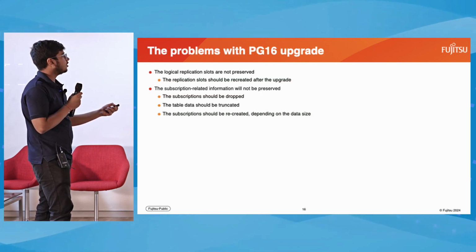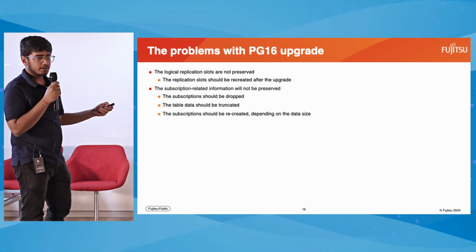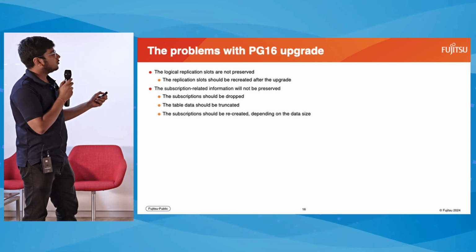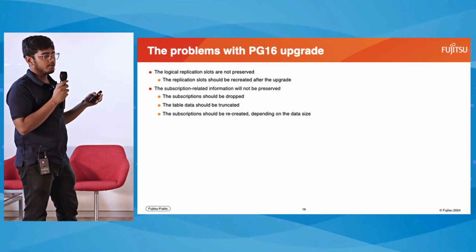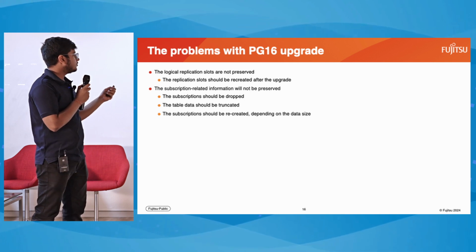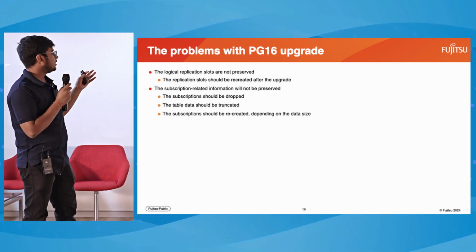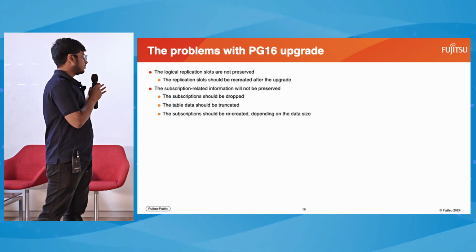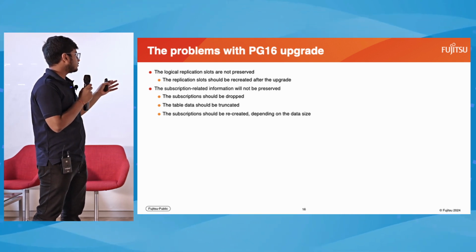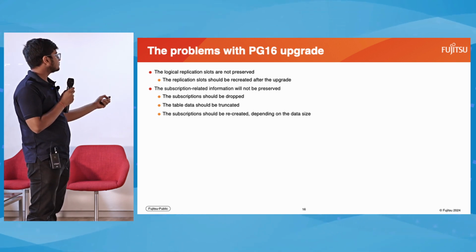Now during this we observe some problems, like during the upgrade of the publisher we are not retaining the logical replication slots, so we have to recreate them and advance the LSN for that. And we face the same issue during the upgrade of streaming replication: we are not maintaining the info of pg_subscription_rel, so we have to drop the subscription, truncate the table and recreate the subscription.